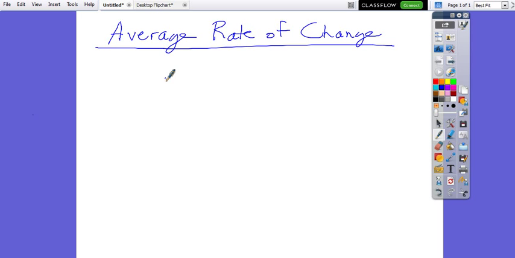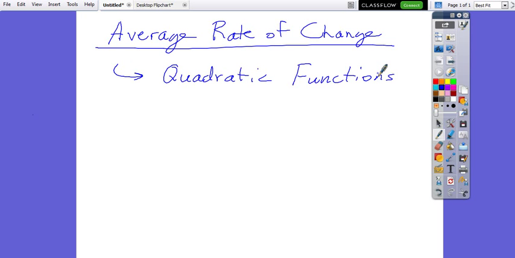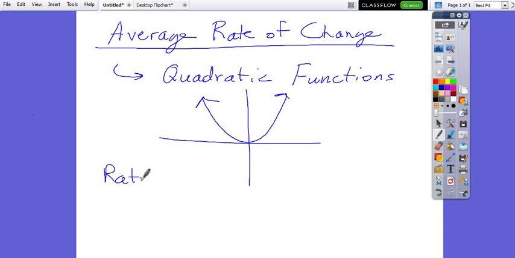So, in relation to quadratic functions, alright, so rate of change is slope, right? Rate of change equals slope.